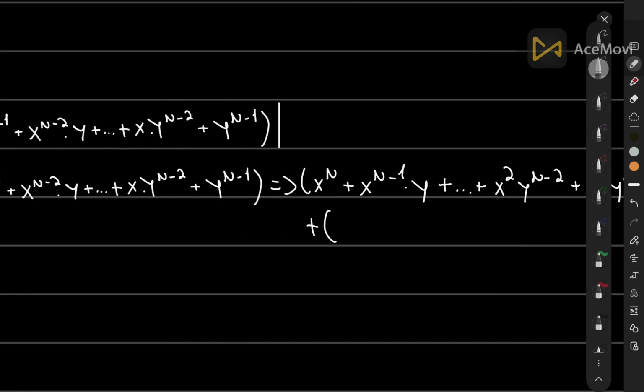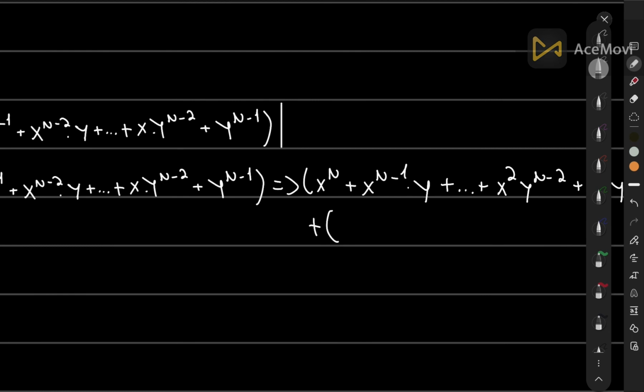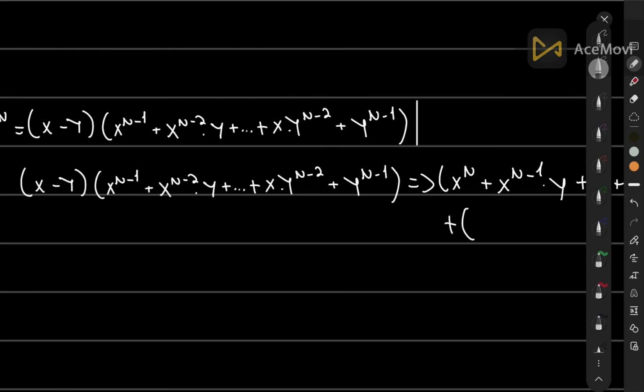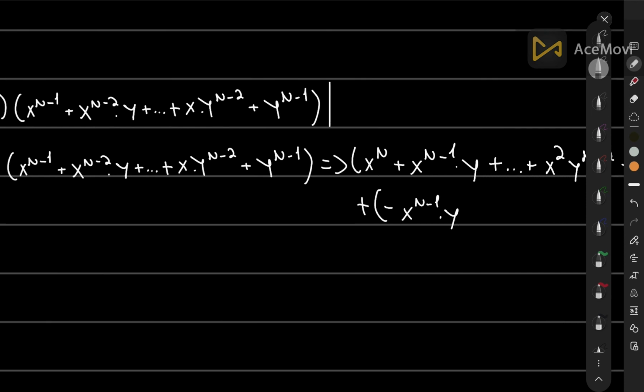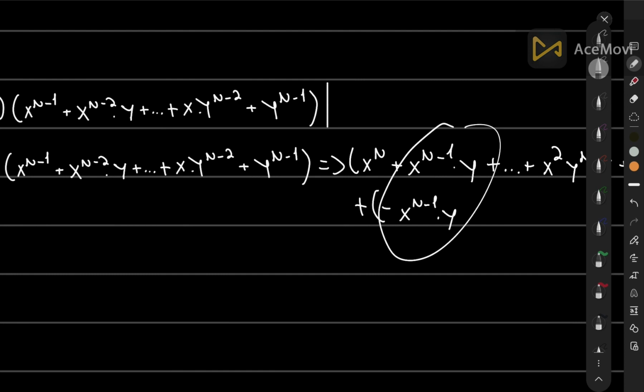So the y part. Here we have x to the n minus 1. So when I multiply by minus y, we will get minus x to the n minus 1 times y. And I hope you can see what we are going to get right here. So just do it for the next numbers.